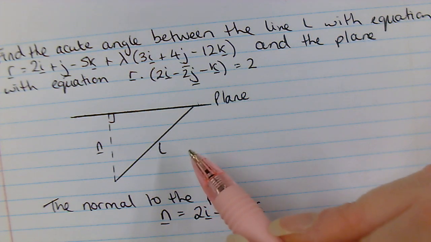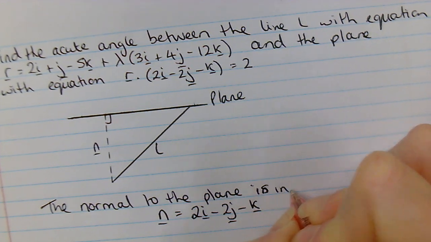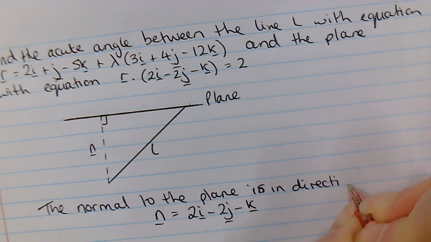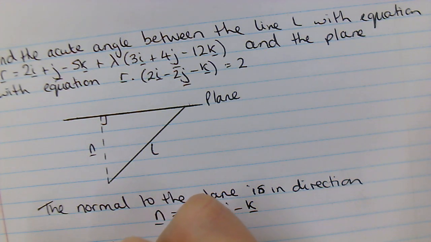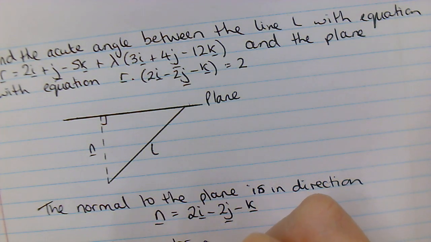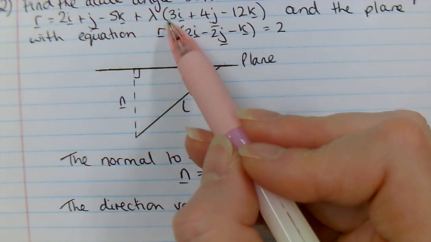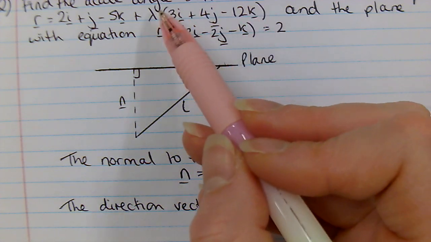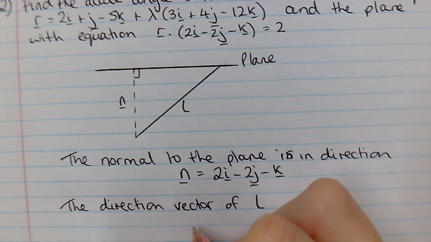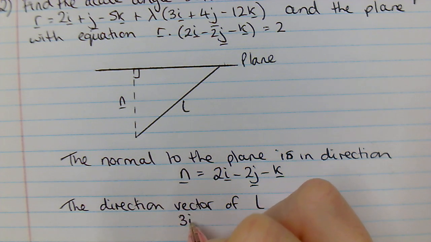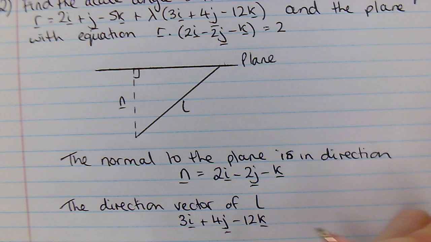We've got the direction vector of L, which is this part here of the line vector equation, so it's going to be 3i plus 4j minus 12k.